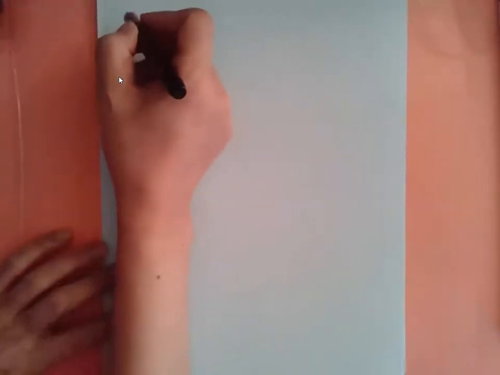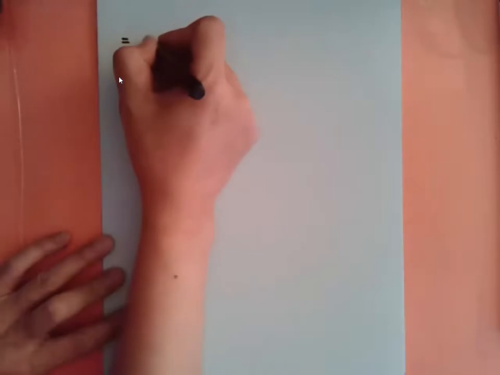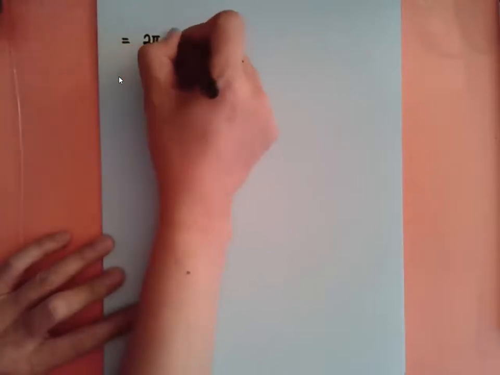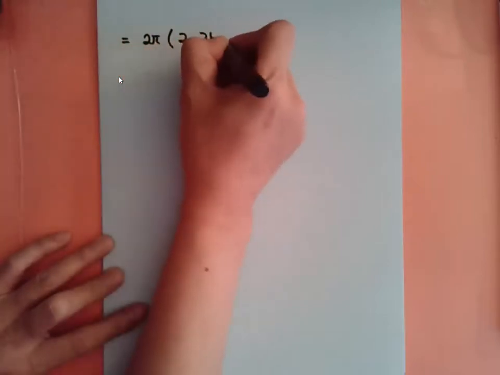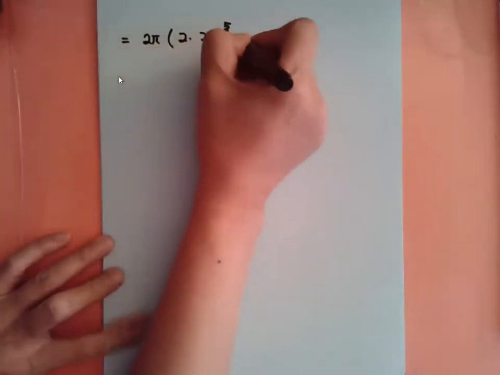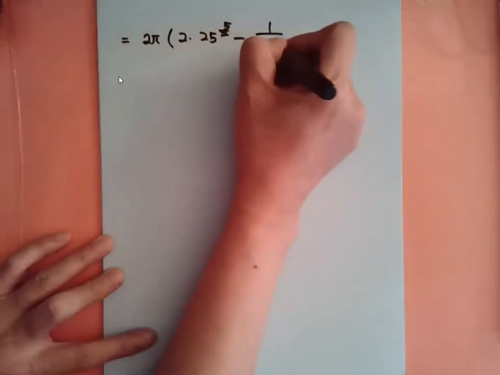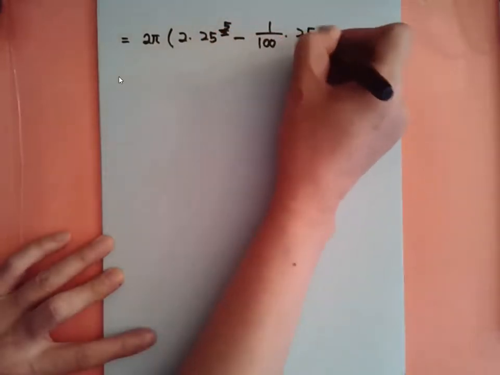Let's evaluate. Then that is 2 pi times 2 times 25 to the 5 over 2 power minus 1 over 100 times 25 to the 4th power.